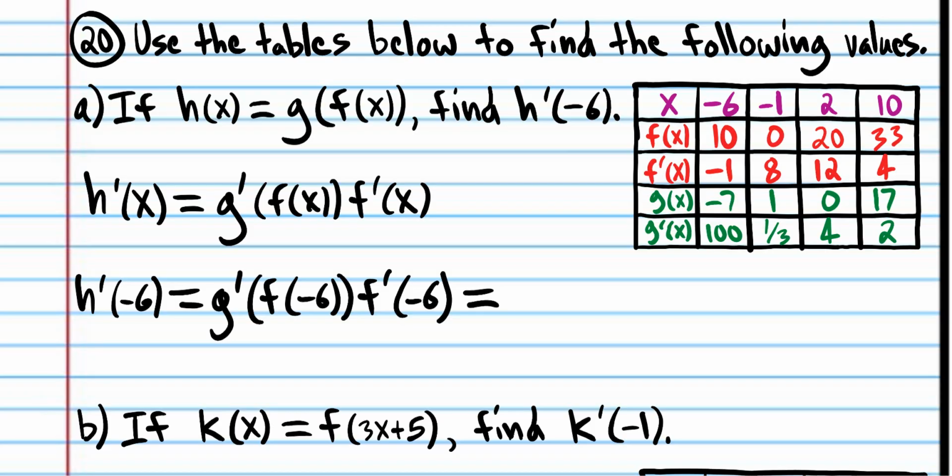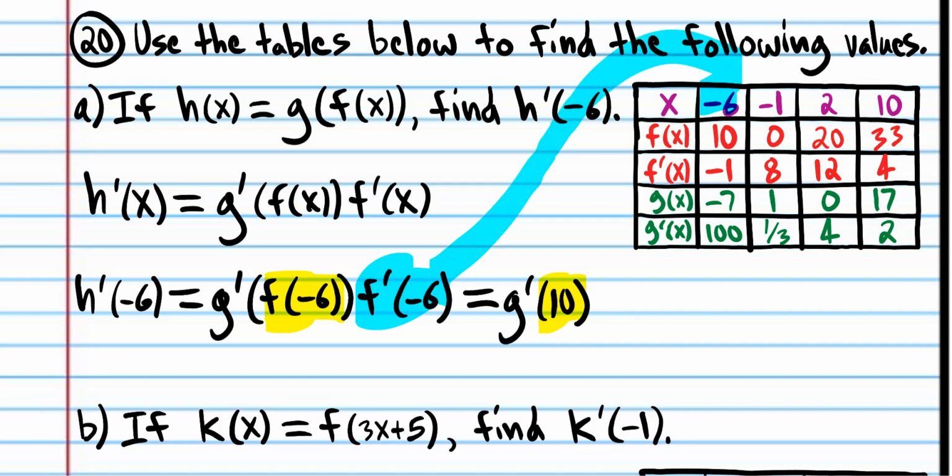And then we're going to use the table to help us find these values. So f of -6 is 10. So f of -6 was 10. f prime of -6 is -1.